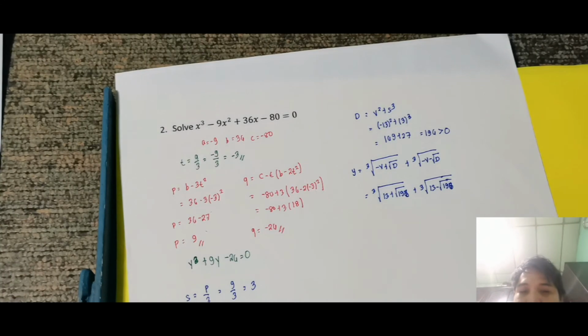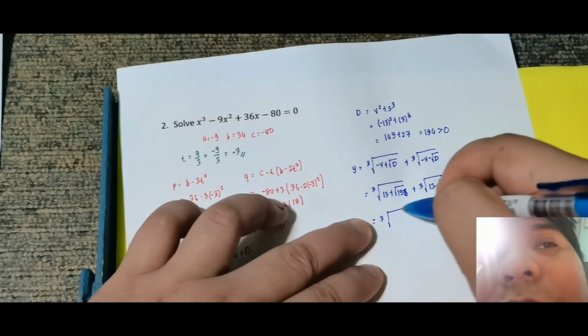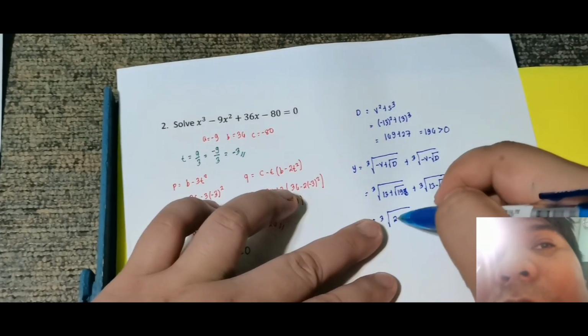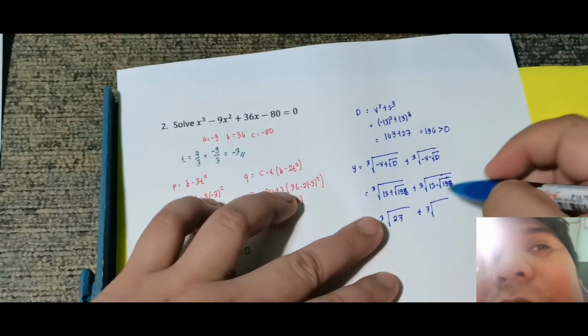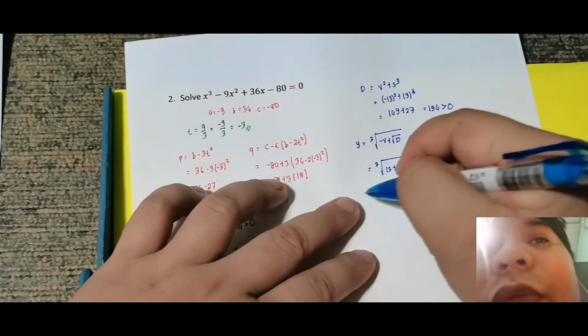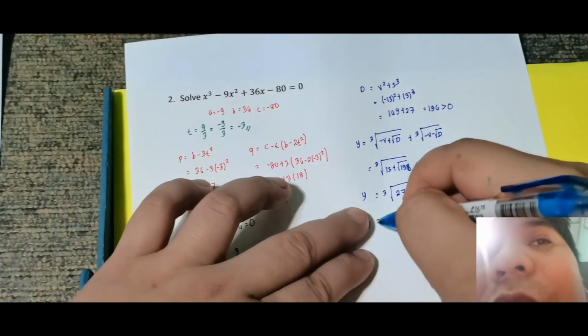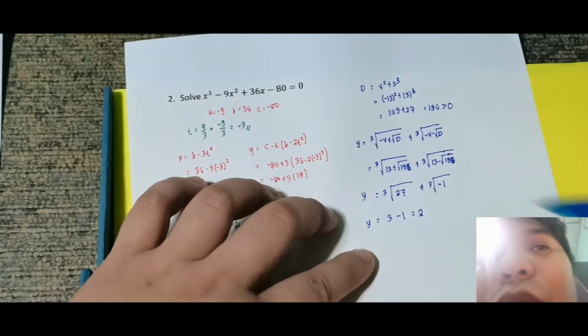Square root of 196 is 14. So this is simply cube root of 13 plus 14, that is 27, plus cube root of 13 minus 14, that is negative 1. Tama? In which, what is y? Y is equal to 3 minus 1, which is equal to 2.